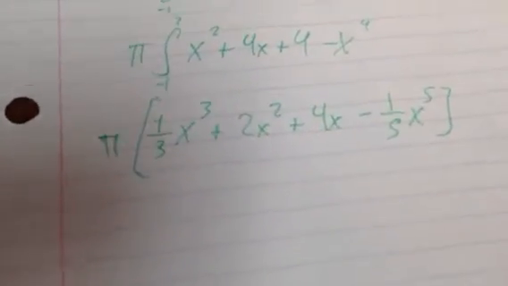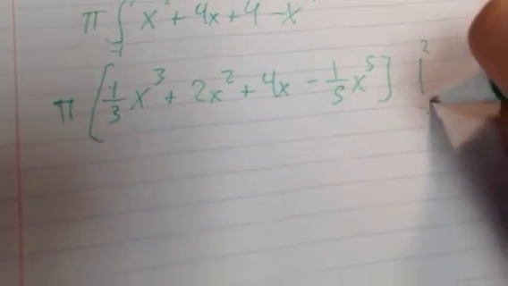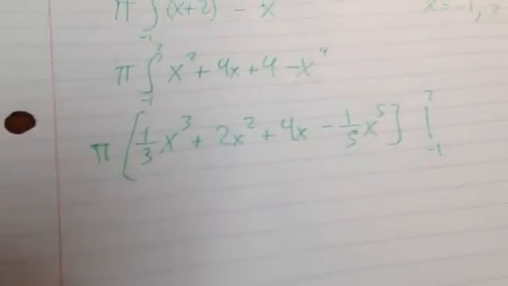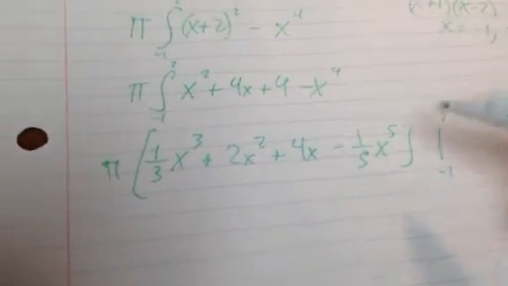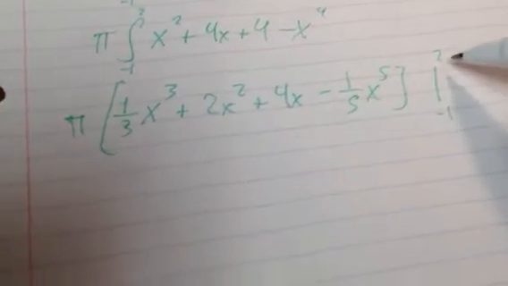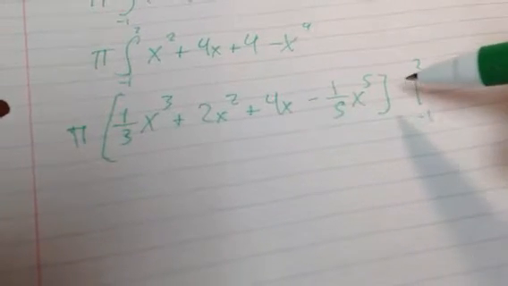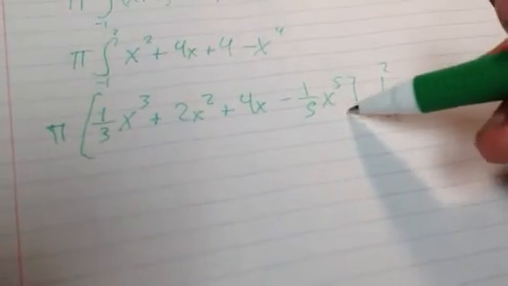Now, we knew that this goes from -1 to 2. So to find the volume, we're going to have to subtract this function with x being 2, and we're going to subtract that function with the same function with x equals -1. So it looks something like this.